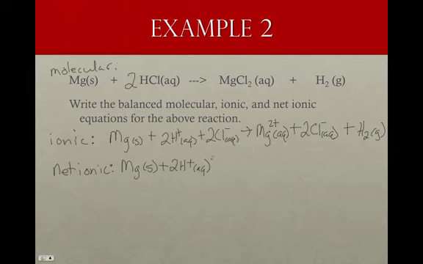The 2Cl- aqueous, well, we also have 2Cl- aqueous over on our product side, so we do not include that. So the 2Cl- will cancel out. And what we're left with on our products is Mg2+ aqueous plus H2 gas as our net ionic.